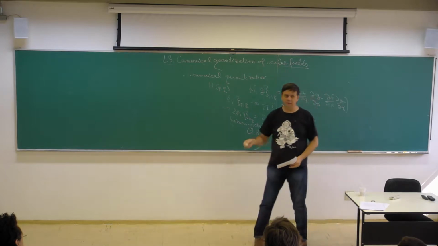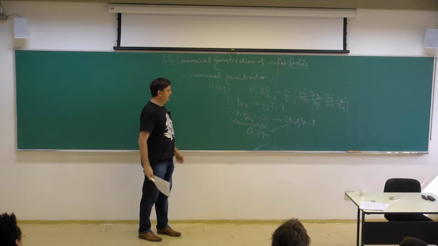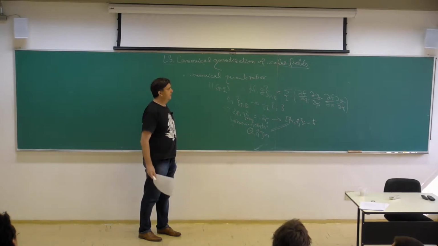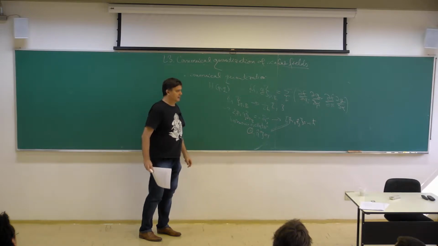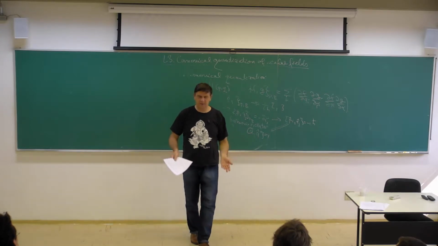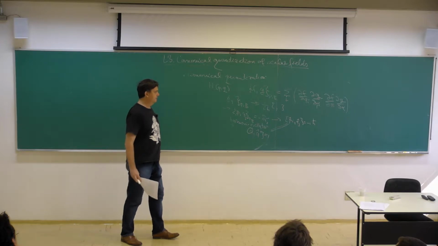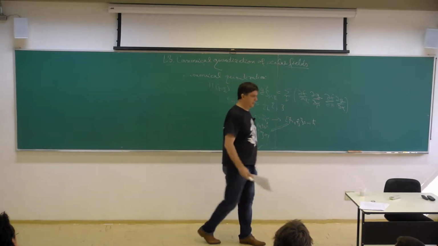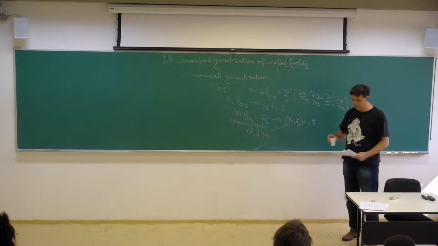First of all, as we'll see today, you can think of any field, in a first approximation, a quadratic approximation of the potential, as just a collection of harmonic oscillators. And then any interactions of the field can be understood as just perturbations around this system. So in other words, if you understand the harmonic oscillator, you should be able to understand everything.